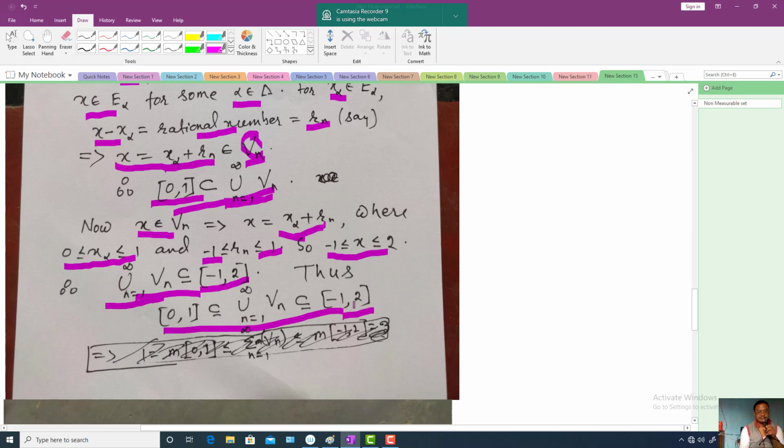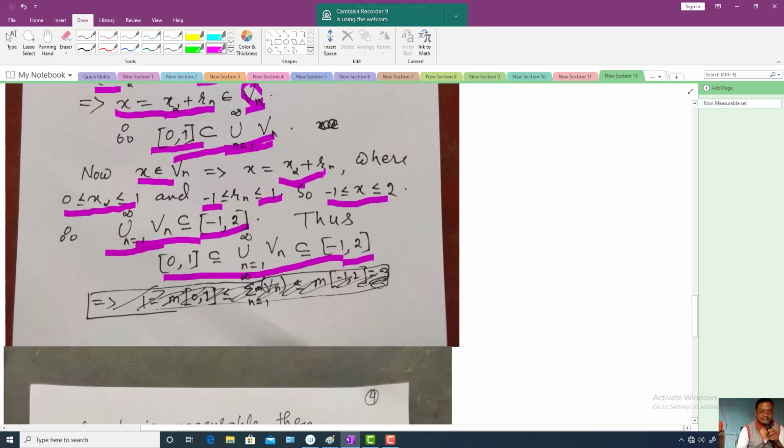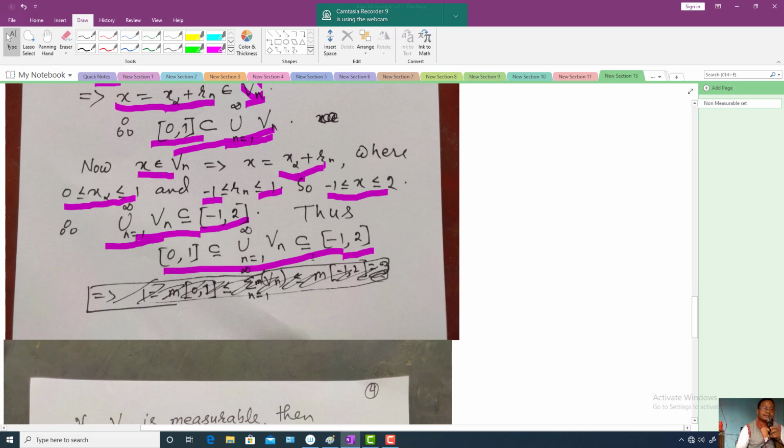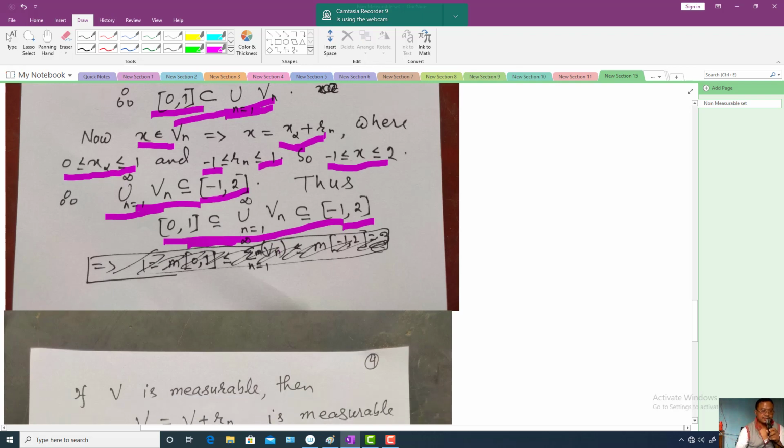So this is the crux of the problem. We are able to construct Vn, and we are able to show this inclusion.